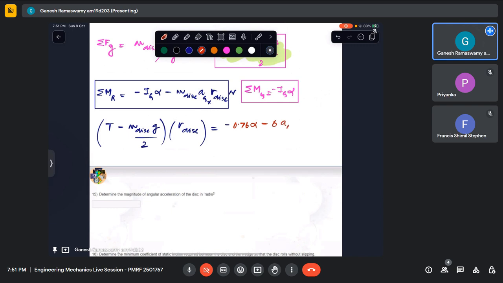AgX into R disk. Now we know that AgX is tied to this alpha because of our circular motion equations. This is a disk rolling without slipping.